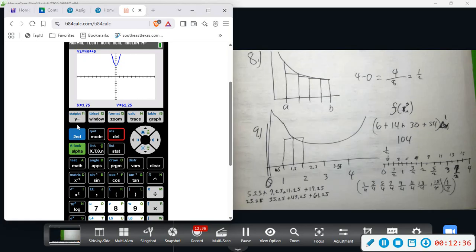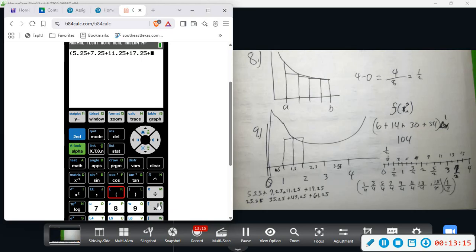And so I'm going to get out of this, and I will type all of these in and multiply by 1/2, because these are all our heights times our base of 1/2 to get the area of the rectangles, and add them all up. So 5.25, 7.25, 11.25, 17.25.